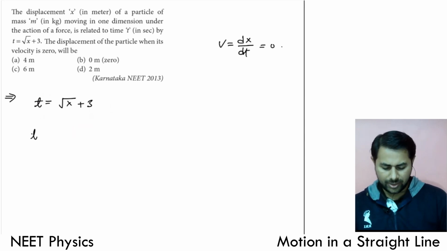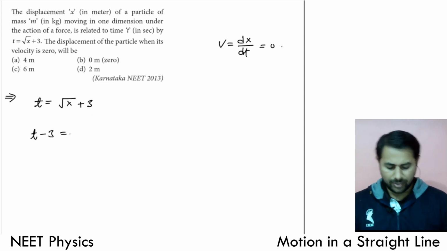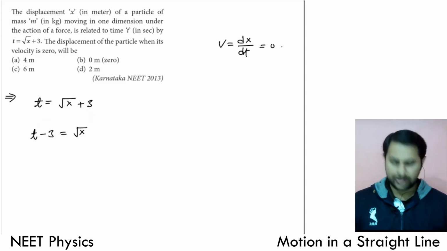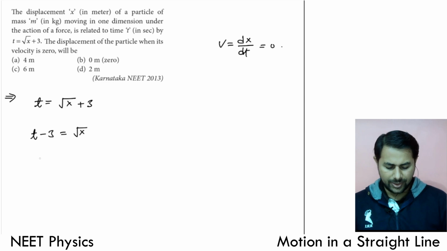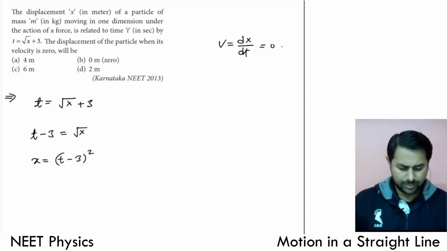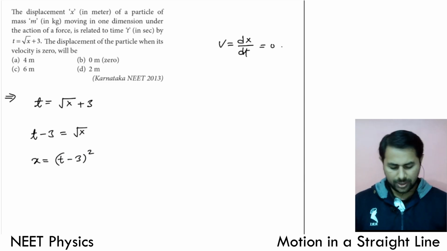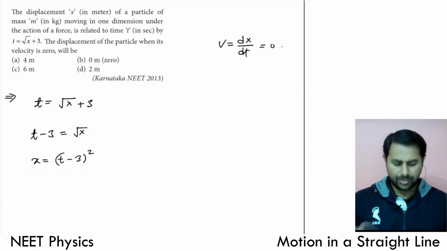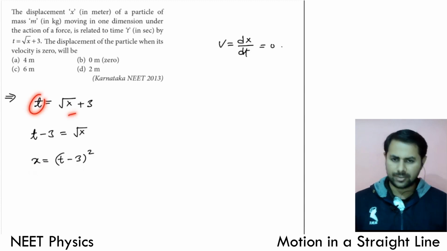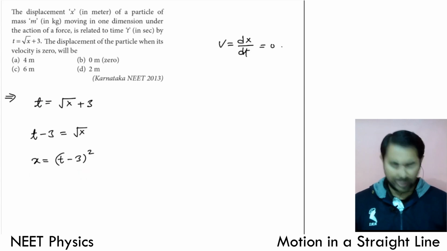So you have t minus 3 is equal to root of x, okay, square that. So you have x equal to t minus 3 square. So you got now the relation between x and t, x in terms of t. Earlier t in terms of x was given, now you have x in terms of t.